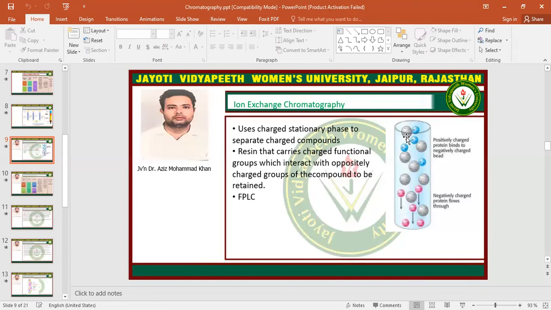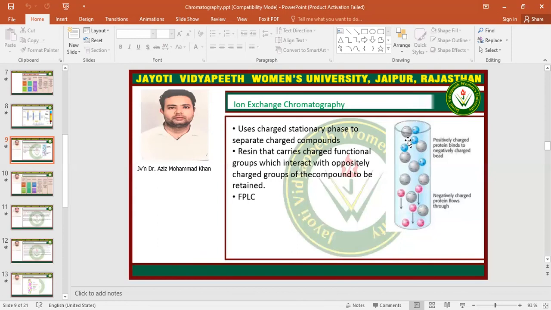Similarly, if there are proteins which are positively charged, they will come in contact with the negatively charged beads, and they will bind to each other.